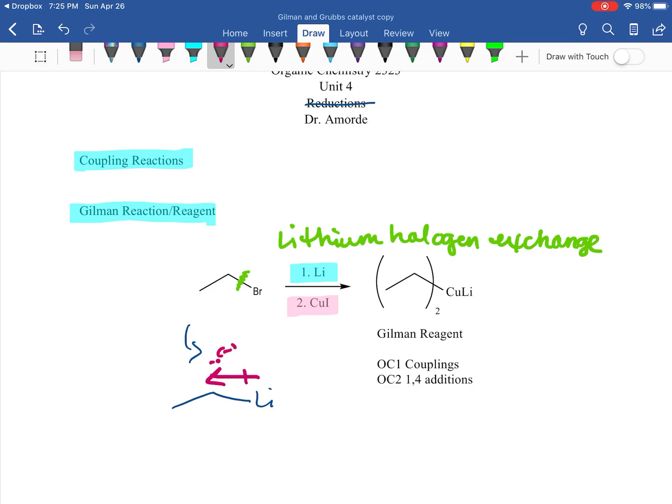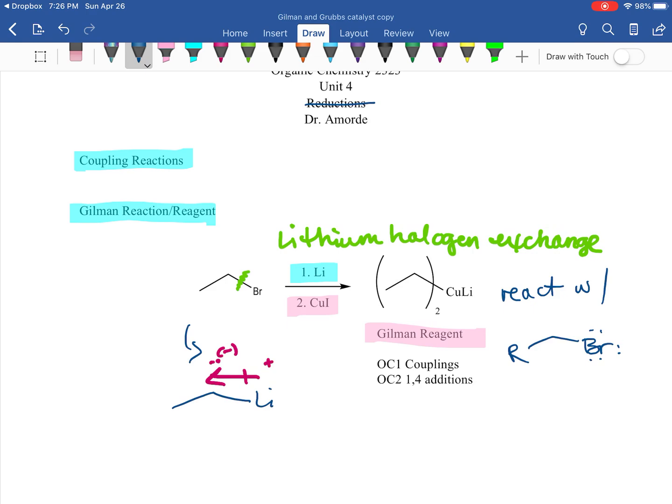So what Gilman did was throw in some copper, and that changed the whole dynamic of that reagent. So not just this, which we know would be drastically polar towards carbon. In fact, that would be an ionic bond between carbon and lithium. Throwing in that softer, bigger transition metal of copper actually made what's called the Gilman reagent out of that whole mixture.